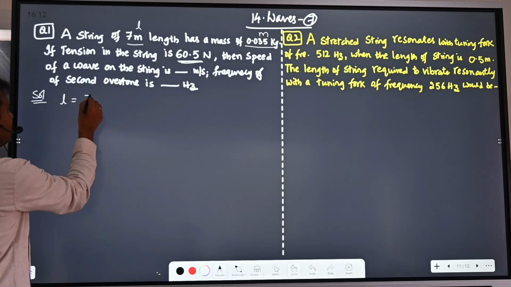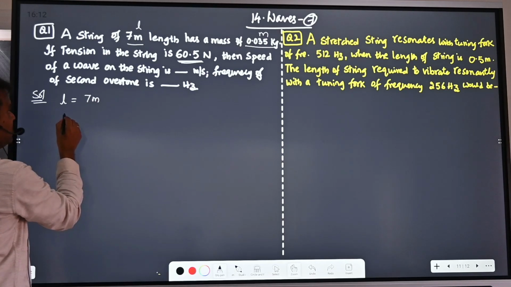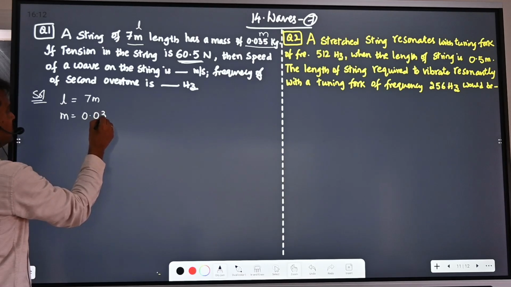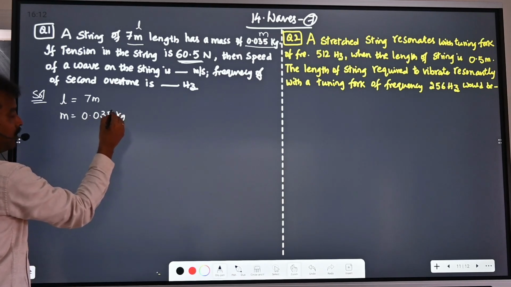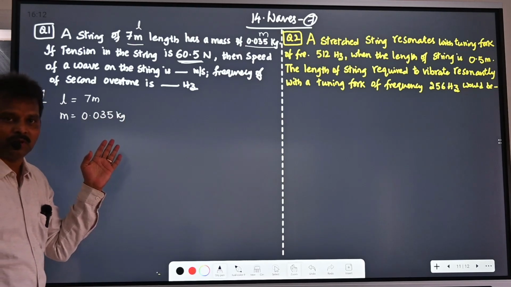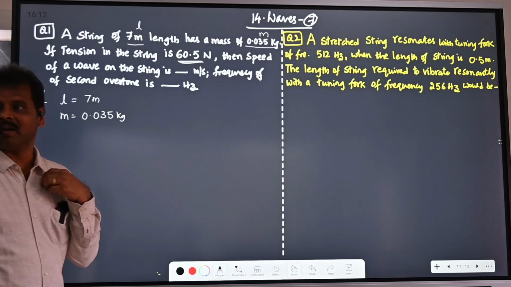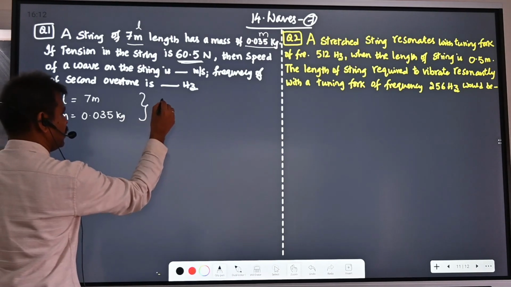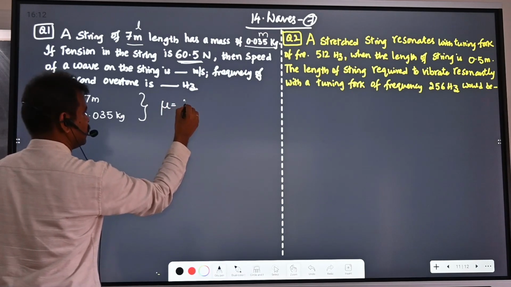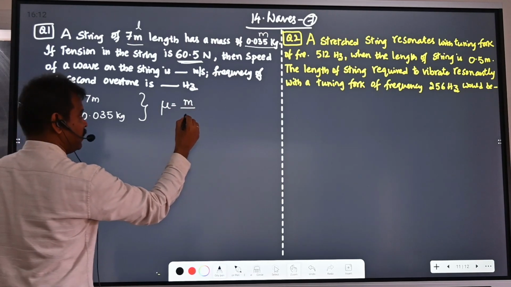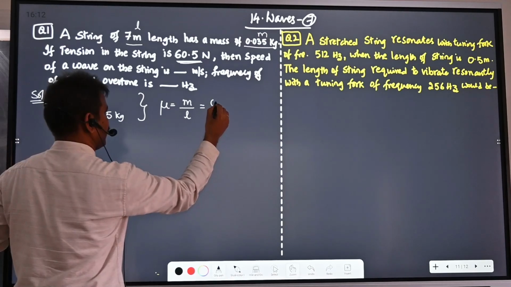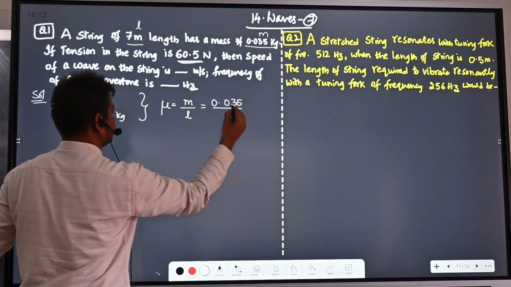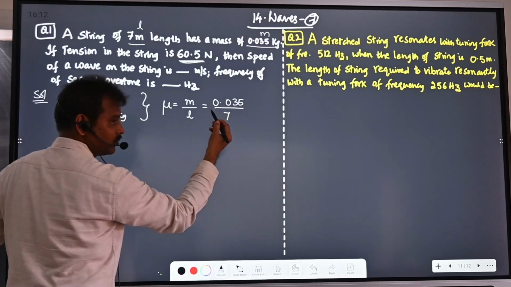Now first one, what is the given data? Length is equal to 7 meters, total mass of the wire is equal to 0.035 kg. To solve such problems, first we need linear mass density. How to find linear mass density? Total mass of wire by total length of wire, 0.035 kg by 7.